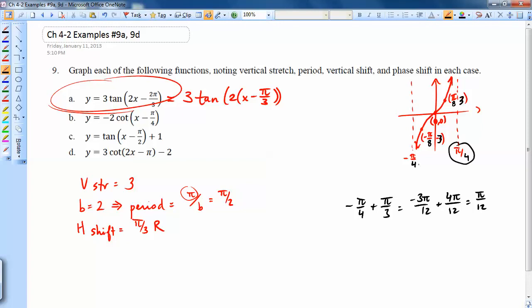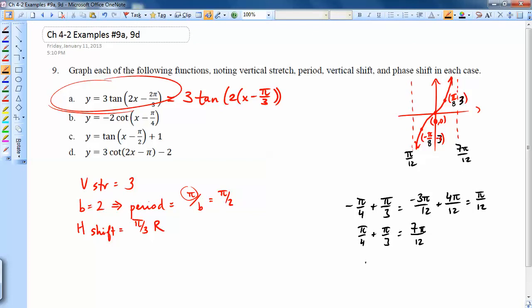This one, if I do pi over 4 plus pi over 3, you're going to end up with 3 pi over 12 plus 4 pi over 12, which is 7 pi over 12. So this asymptote is now at pi over 12, and this asymptote is going to be at 7 pi over 12.